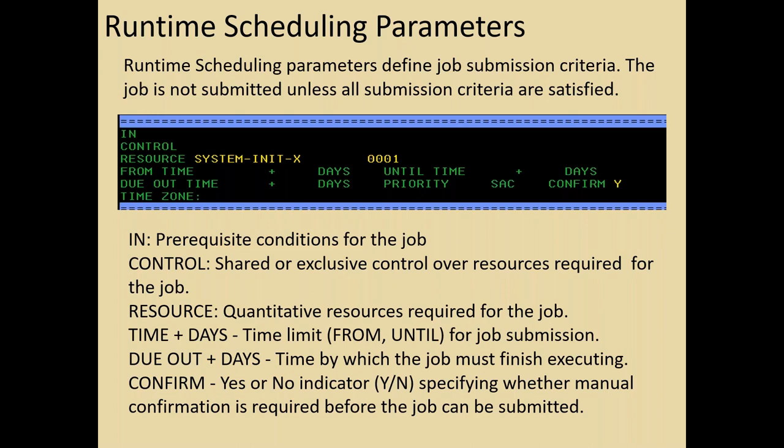What the in parameter here explains is a prerequisite condition for a job. Suppose there are 10 jobs in the schedule, and job 7 is dependent on job 2. If you open job 7 in the Zoom panel, then in the in condition you will see the job name of job 2.